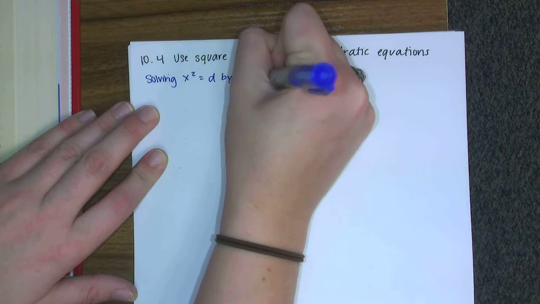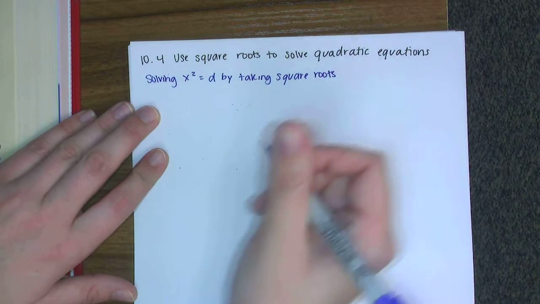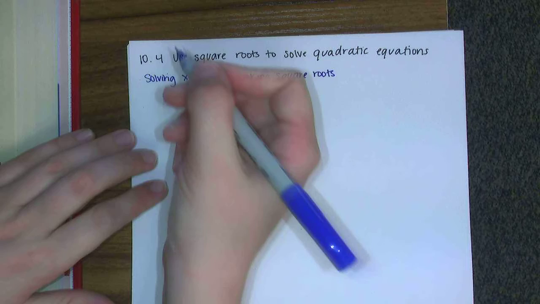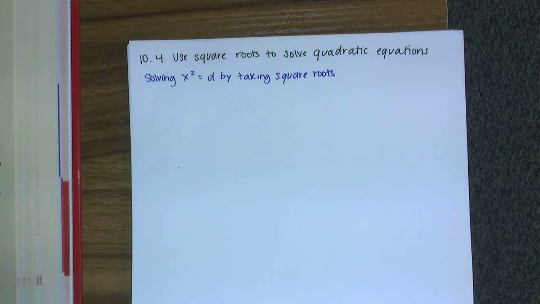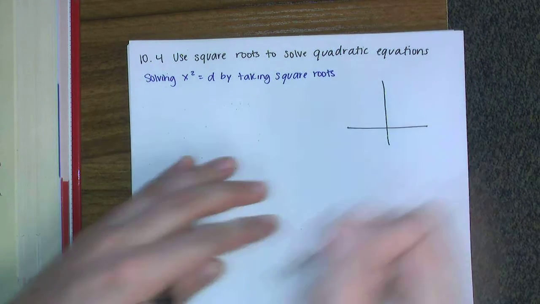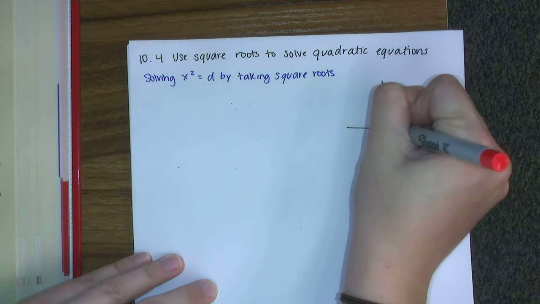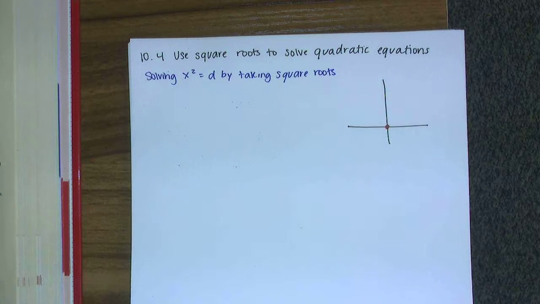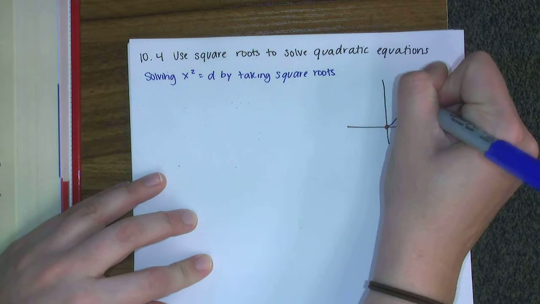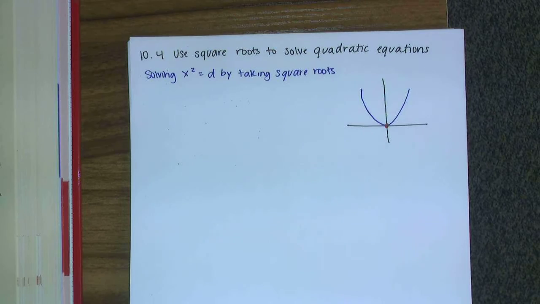Alright, so I'm going to go ahead and draw this little coordinate plane over here, and I'm going to draw a parabola on it with the vertex at the origin. And then we're going to have some points here, and we'll show what these are for in just a minute.